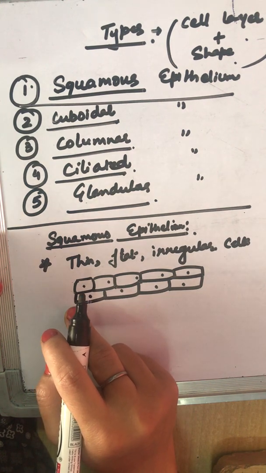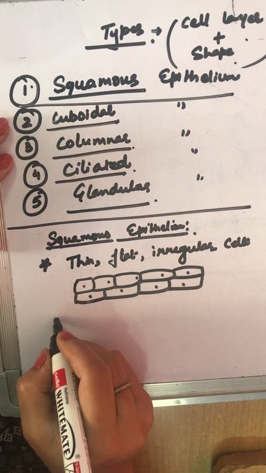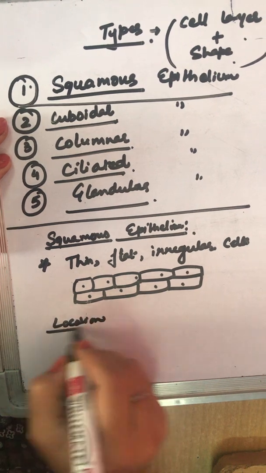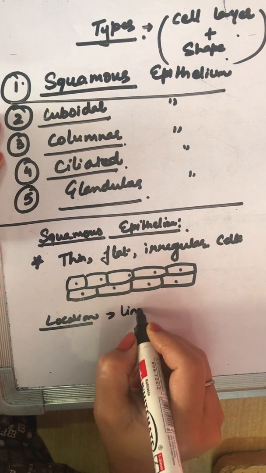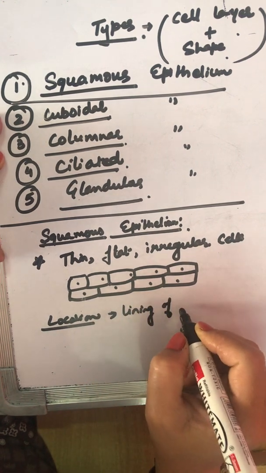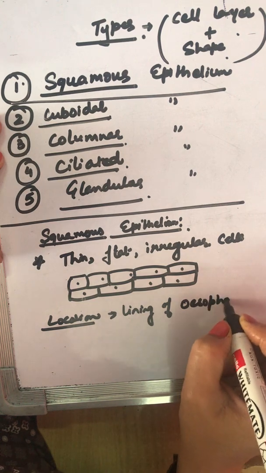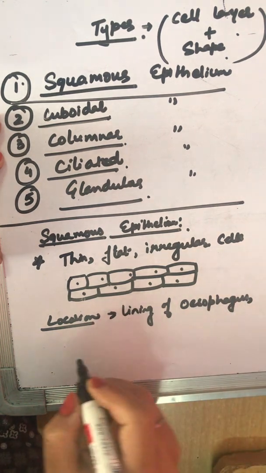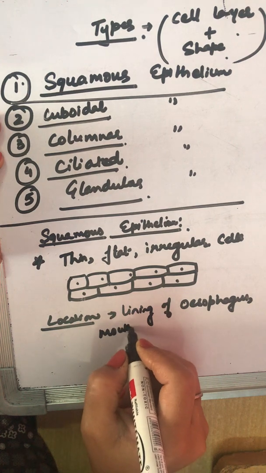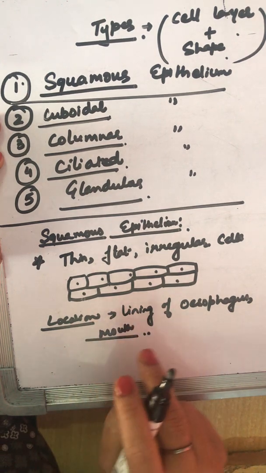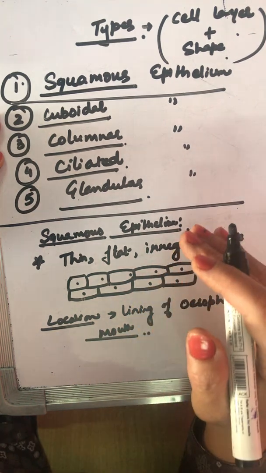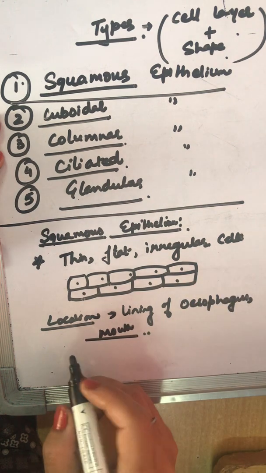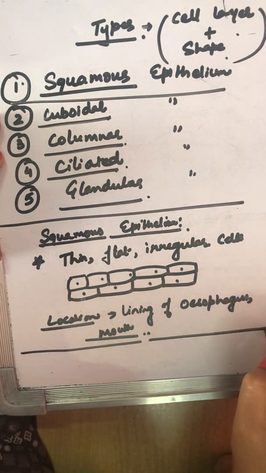So where is it mainly present? The location of this squamous epithelium is mainly the lining of the esophagus and mouth, and in some areas like the skin also, where it is folded up to form many layers so as to form a kind of protective edge to prevent wear and tear.